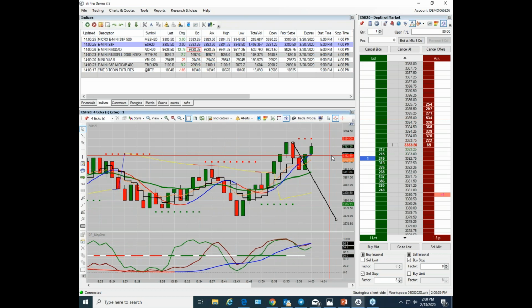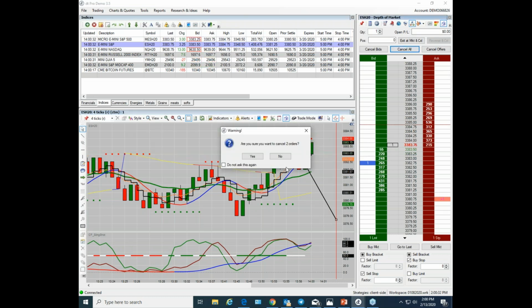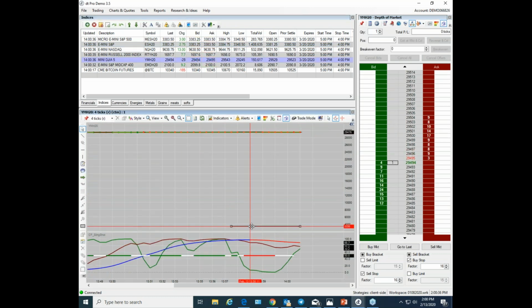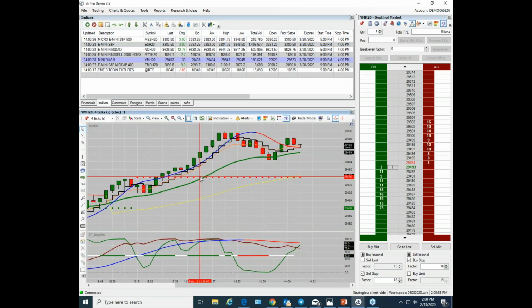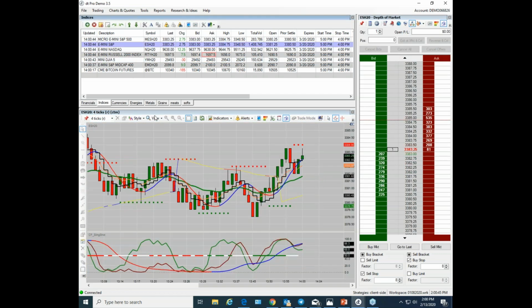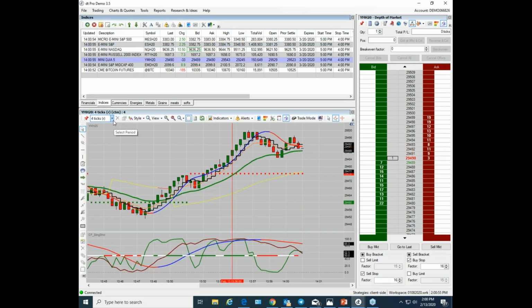Of course, it's going to blast off because I'm trying to show you an example. All right, let me just cancel all. Hold on. And that was the up close. It's a momentum trade. All right, let's find something else.